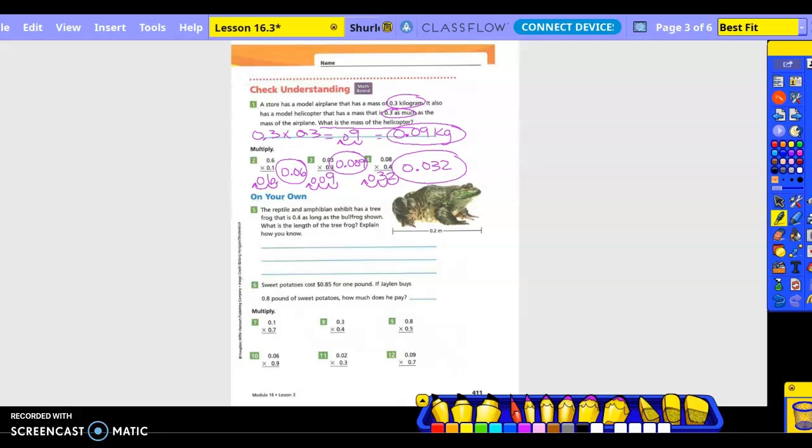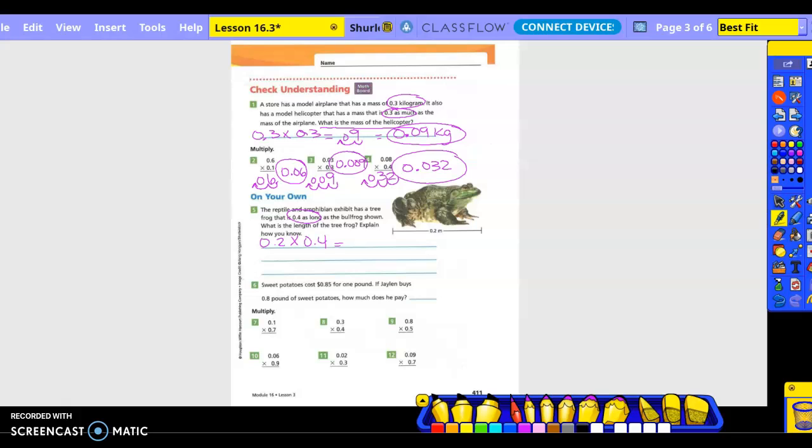On your note, number 5, the reptilian amphibian exhibit has a tree frog that is 4/10 as long as the bullfrog shown. What is the length of the tree frog? Explain how you know. So the tree frog is 4/10 and the bullfrog is what? 2/10. So we're going to multiply, right? Okay. So we pretend like we don't see any decimals yet.